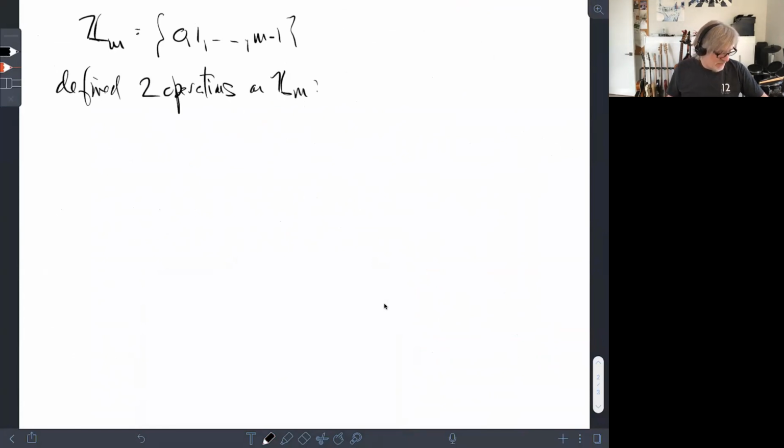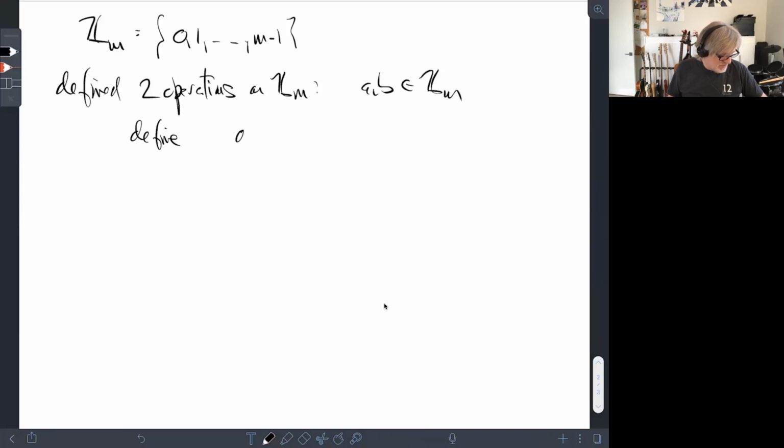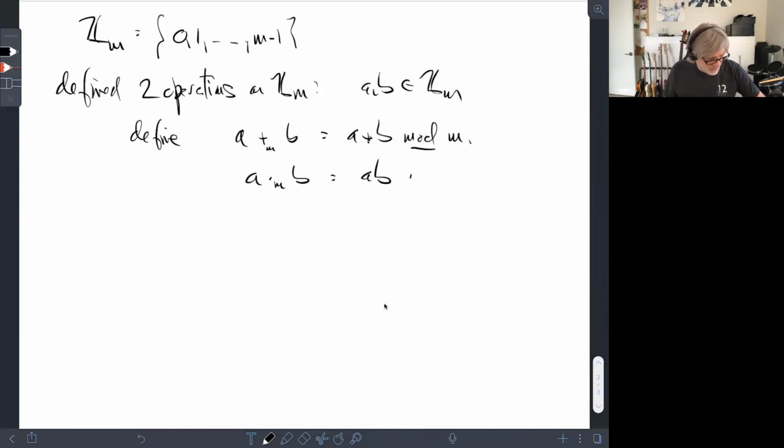If you take any two a and b in Zm, you define a plus b, and the little plus is to make sure that we understand it's a different operation than the one from the integers, although it's similar. You add a and b the normal way, but you reduce this mod m. So you look at the remainder of the sum. Same thing for the product, a times b. You take a times b the normal way, and you reduce that mod m.